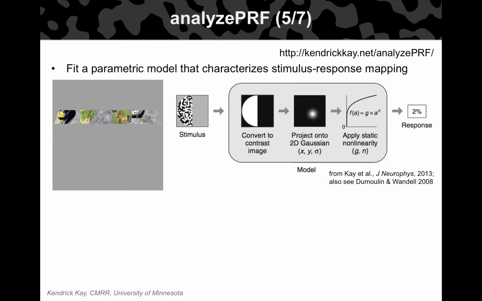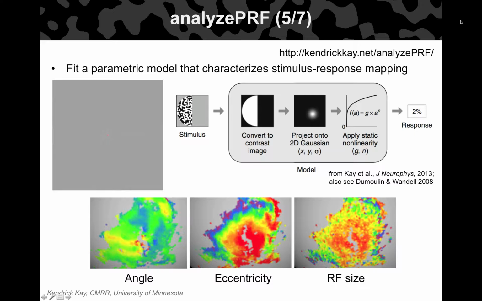So there's just a handful of parameters, and it's a fitting problem. We know the stimulus, we observe the response, the fMRI time series, and we just have to determine the optimal parameters in a least squares sense. So it's not conceptually that difficult. Of course, the devil is in the details. On the basis of fitting these models, you can do things like map out topography. In visual cortex, we get demarcations between different visual areas, traditionally based on retinotopic estimates, meaning estimates of their preferred position in the visual field.